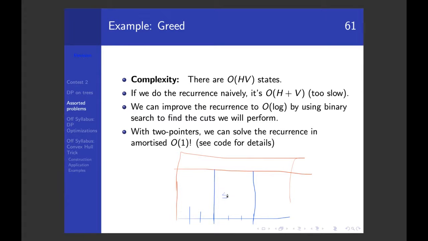What two pointers says is, let's start with the smallest one. So we're going to have two pointers. One pointer is the slice we're up to, and the second pointer is the earliest back we go. So we start here, and then we increase this pointer by 1. And we check, is this area less than or equal to m? Let's say it is.